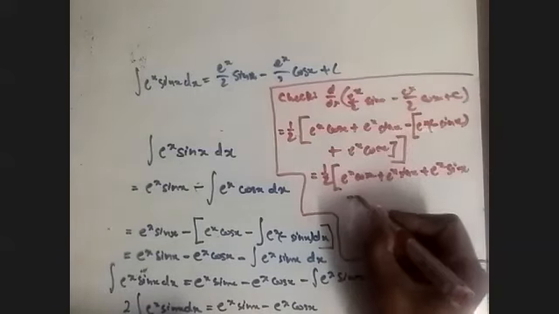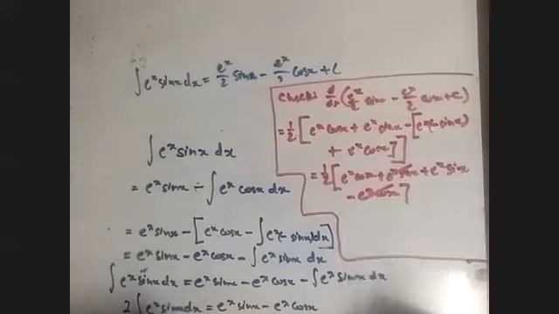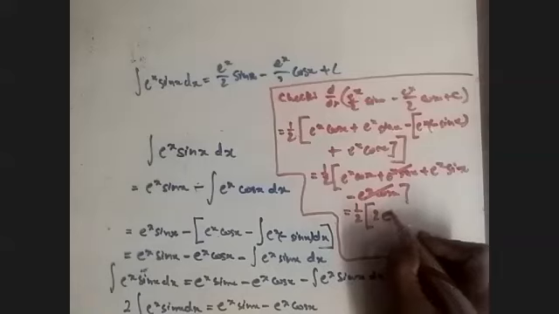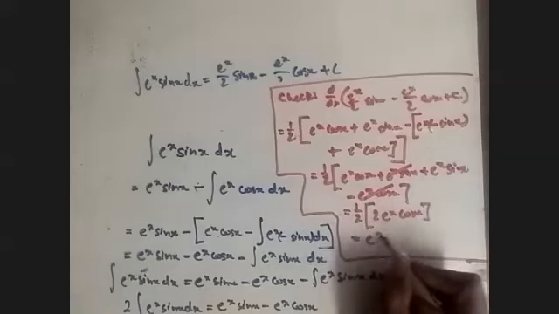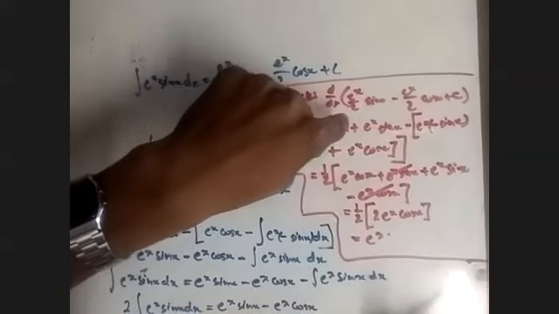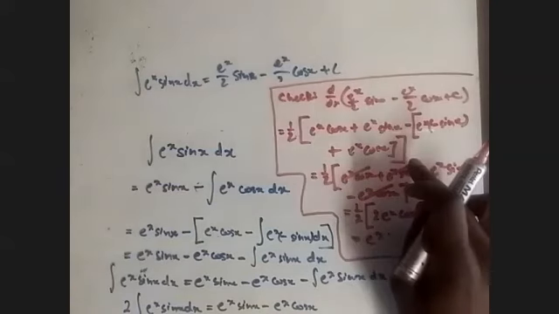Then this becomes minus e^x cos x. As you can see, this and that will give us 0. We have 1/2 times 2 times e^x cos x. No, it's not cos, it's sine. Oh, I cancelled the wrong thing. It should be sine.